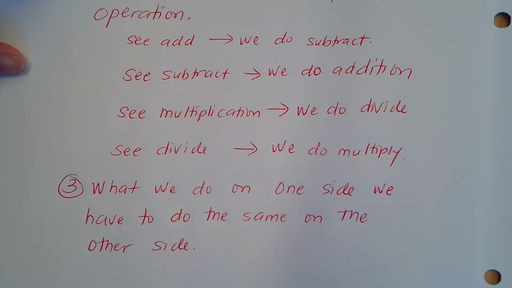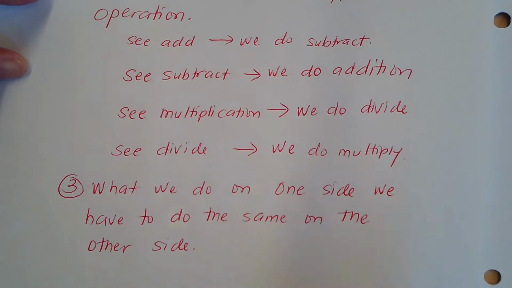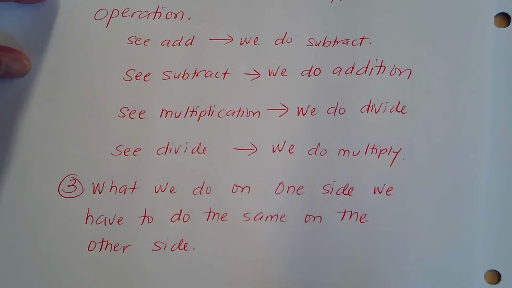If it is minus, we put addition. If it is a divide, we put multiplication. Is everybody okay with this or finished copying?